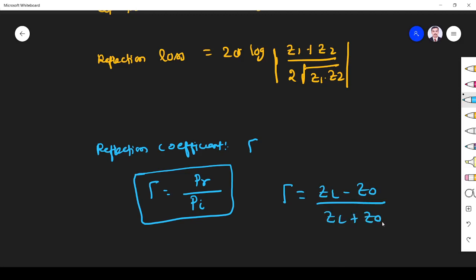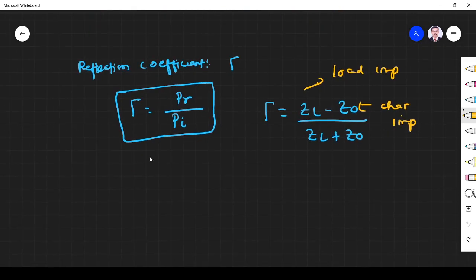ZL is the load impedance, Z0 is the characteristic impedance. So you see gamma is equal to 1 for open circuit.